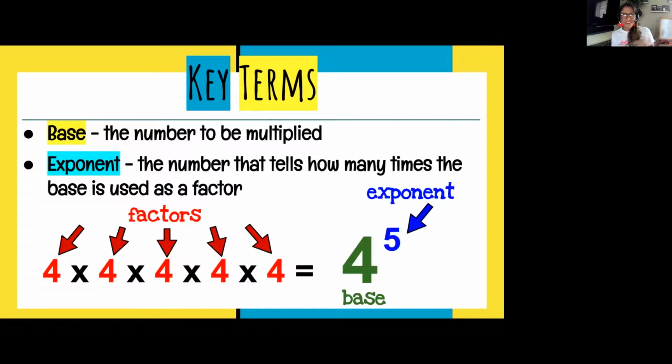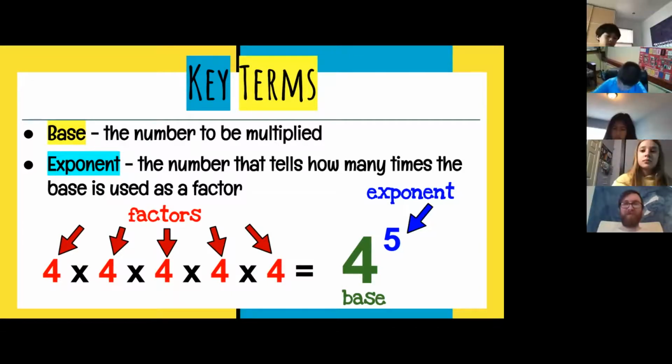When I read it to you, I cannot wait to see the looks on your faces, because now you will understand why I am being so cuckoo. You would read this exponential notation as 4, meaning our base, our only factor, to the power of 5, which is our exponent, which gives our base its power.